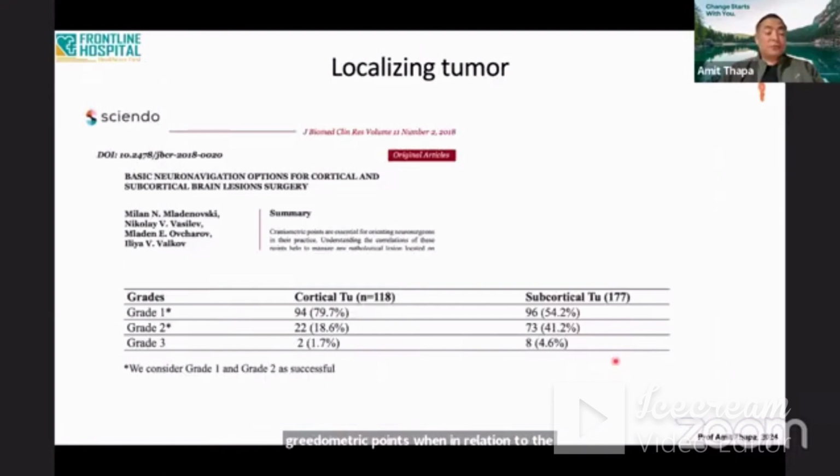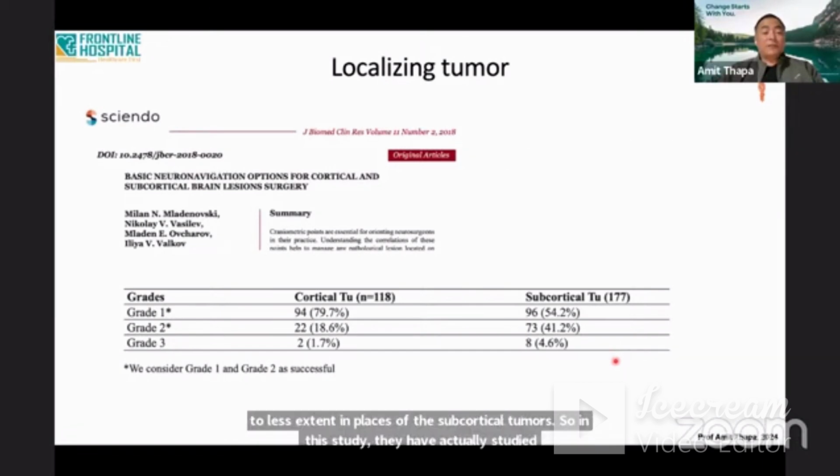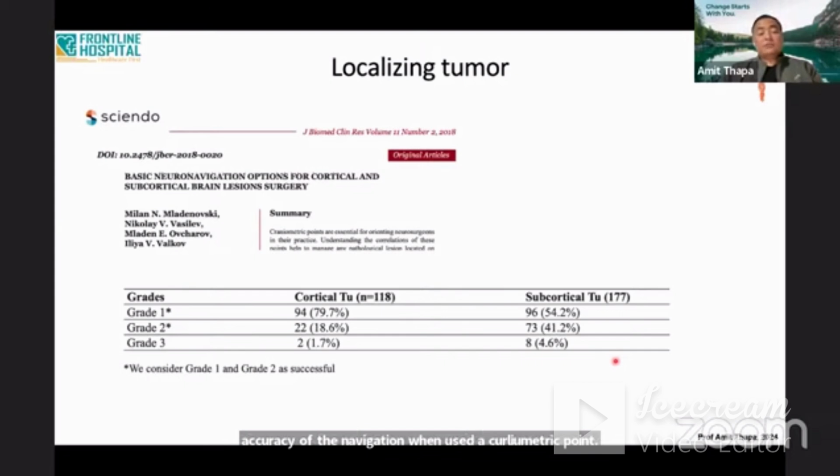Now, studies have shown that if we follow these landmarks, we can be very much able to identify the cortical tumor, and to a lesser extent the subcortical tumors. So in this study, they studied the accuracy of the navigation when we use the craniometric points, and they found that if they use it for the cortical lesions, then there are fair chances of getting the tumor or the pathology.